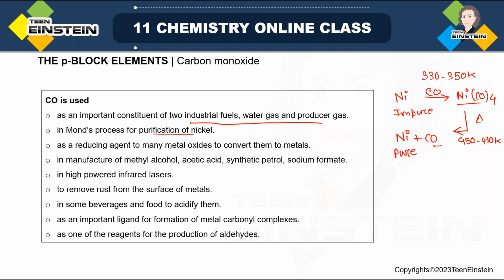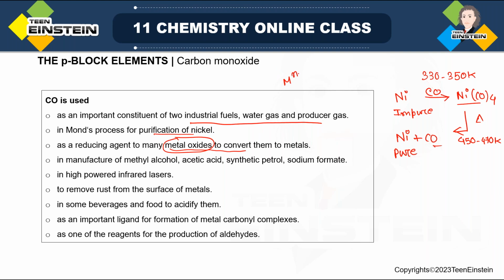Then as a reducing agent to many metal oxides to convert them to metals, and specifically this application is related to metallurgy, where for minerals or ores of metals we recover the metals in the elemental form, that is the metallic form. So when we have the metallic oxide, the metal is in some oxidation state, maybe 2+ or 3+.